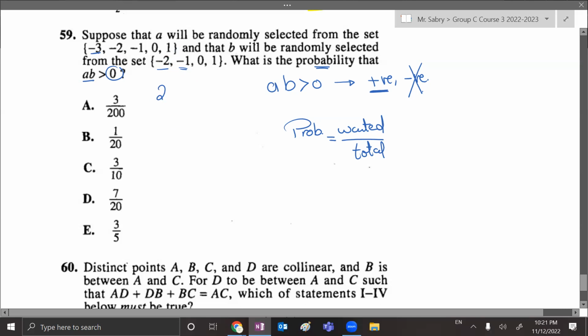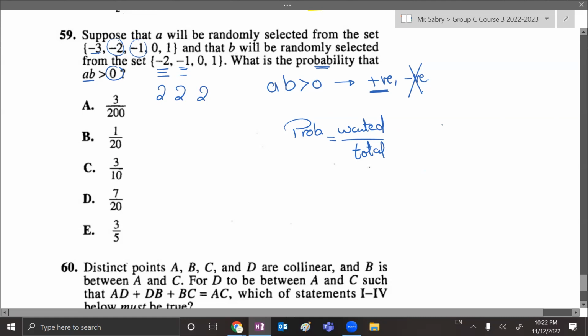I can also take negative 2 multiplied by negative 2, so that's 1. Or negative 2 multiplied by negative 1, so that's another 2. I can take negative 1 multiplied by negative 2, which would be positive. I can take negative 1 multiplied by negative 1, which would also be another positive number, so another 2.